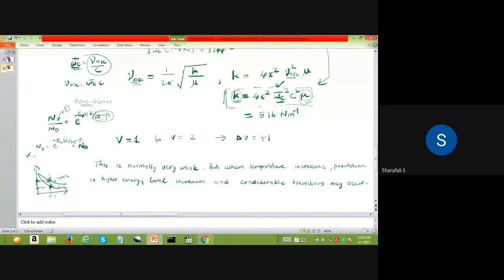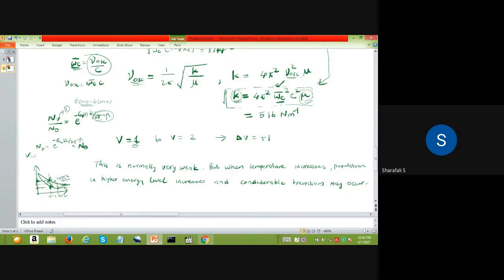So when you have a high temperature, the population at V equal to 1, 2, 3 will start to increase. Still, the number of molecules in V equal to 1 will be larger than V equal to 2, which will be larger than V equal to 3, and so on. From that exponential you can see, even at 1000 Kelvin, V equal to 1 will have more population than V equal to 2.